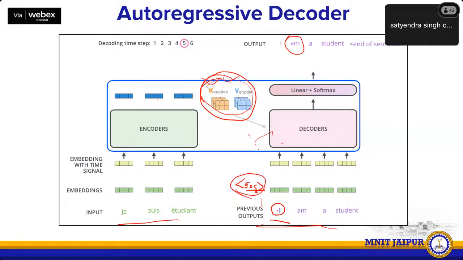We just give it a special token, and it generates its own sentence until the end-of-sequence token. And after the decoder at the end, we use a linear and softmax layer, which gives you the probability over all possible tokens, and the one with the highest probability is your predicted token.